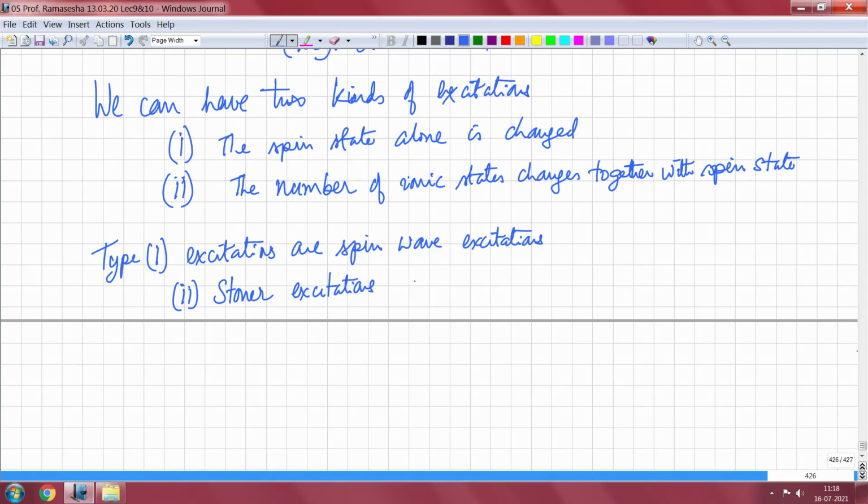Here both charge distribution and spin distribution change in going from the ground state to the excited state. Here only spin distribution changes.